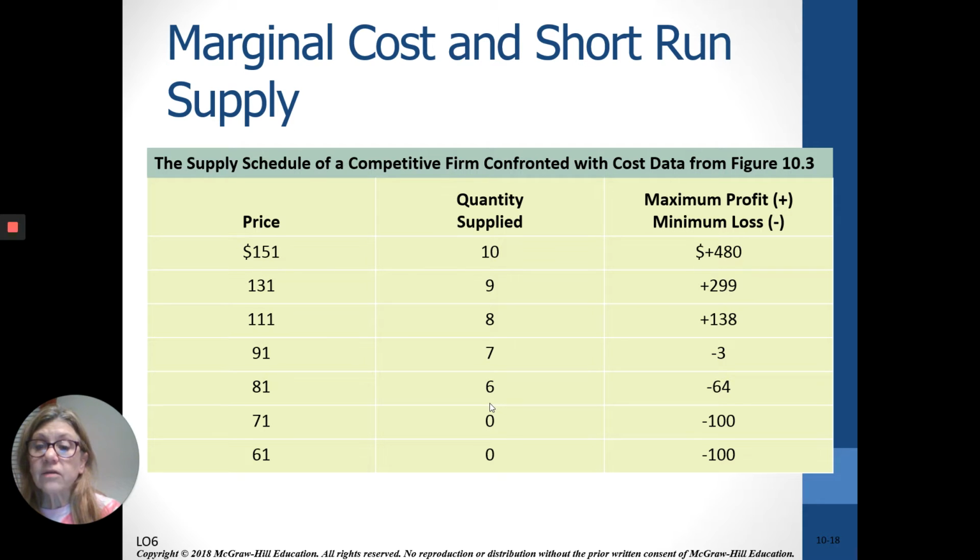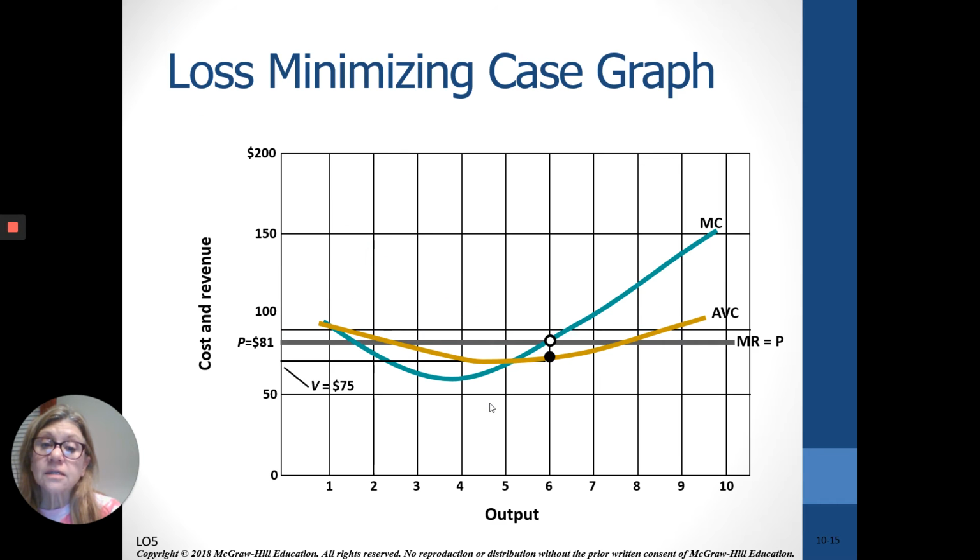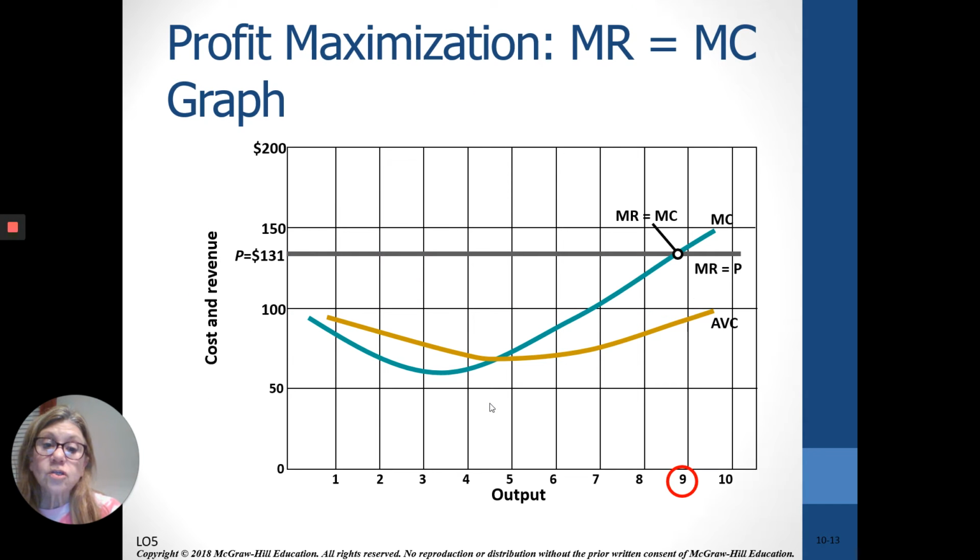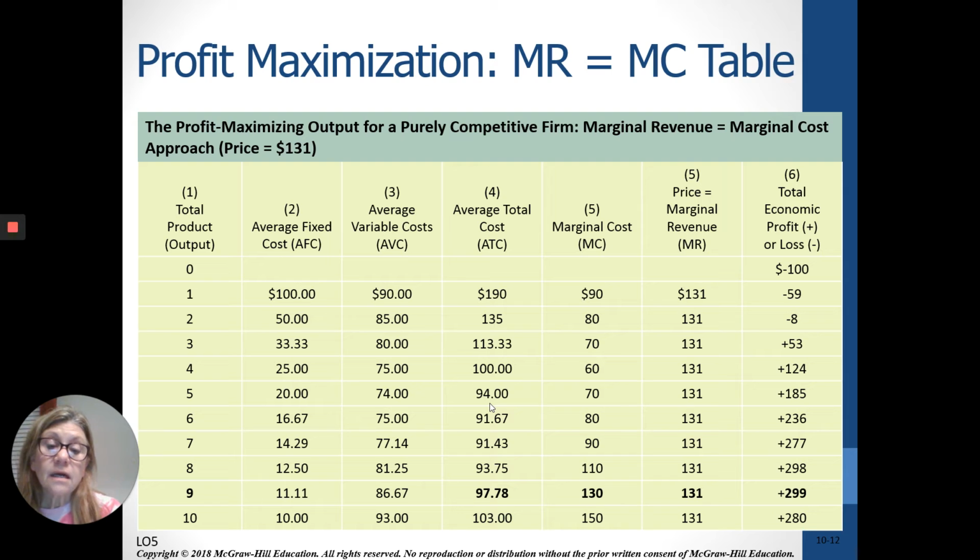Again, we're going to compare that $111 back to the marginal cost data, which is in column 5 again. So if we're looking to see if we would produce at $111, you see that 111 is greater than 110 at 8 units. And $111 would easily cover that average variable cost of $81.25, so we know we would produce.